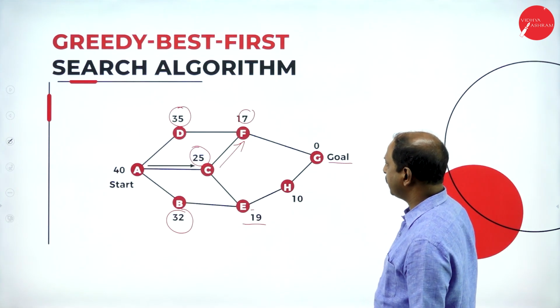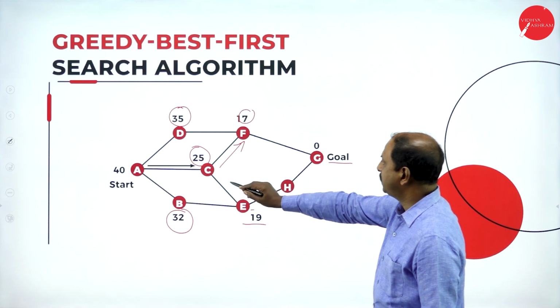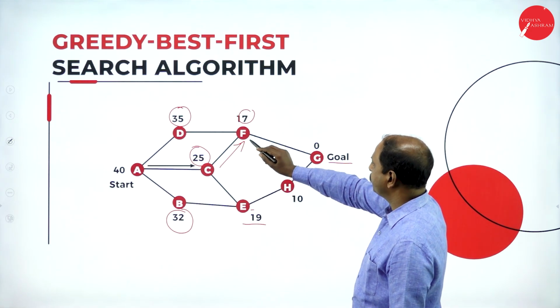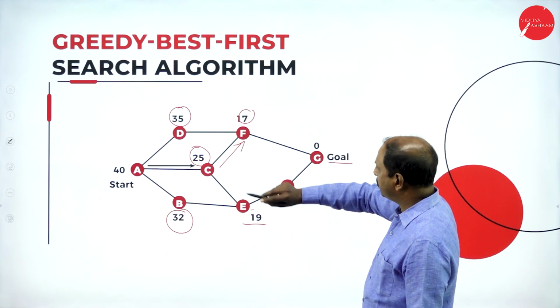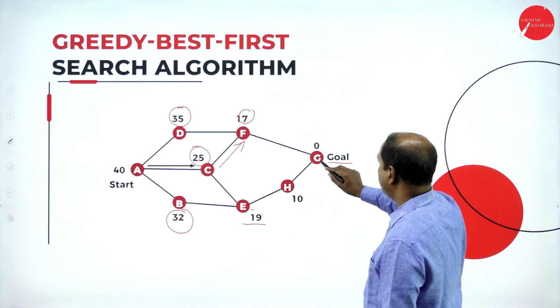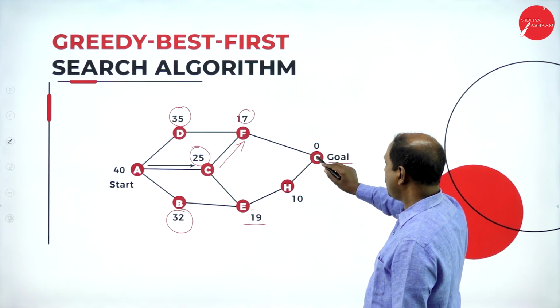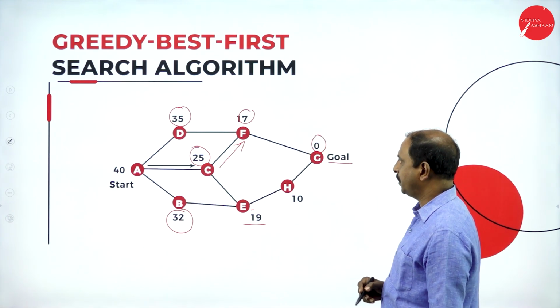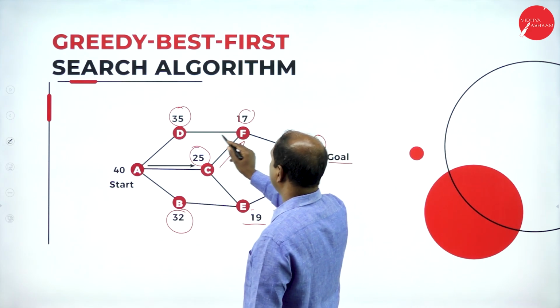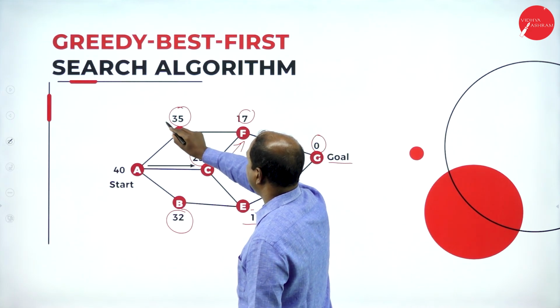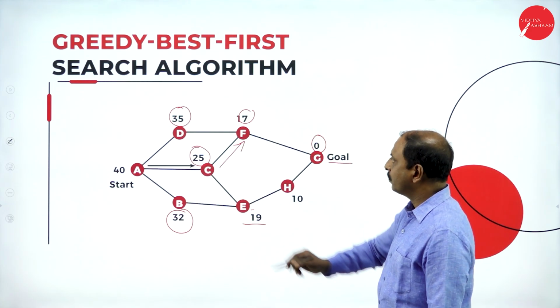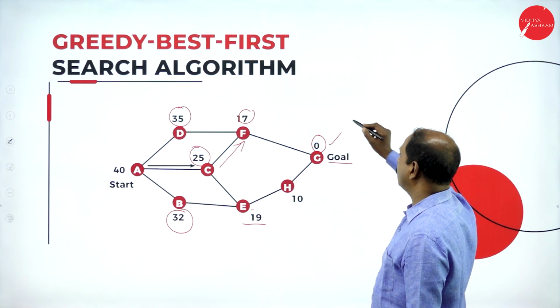Now let us see once again the diagram here. See, from C to F. After F, there are two possible paths. One is G, a direct path from F to G with the heuristic value 0, or it can take F to D, that is with 35. So between 35 and 0, 0 is the lowest value.